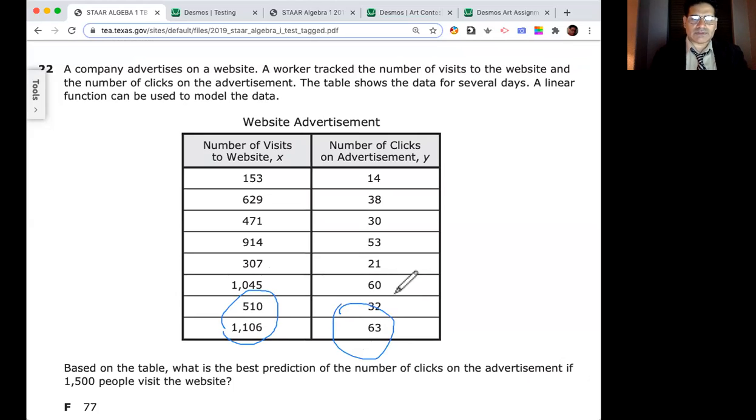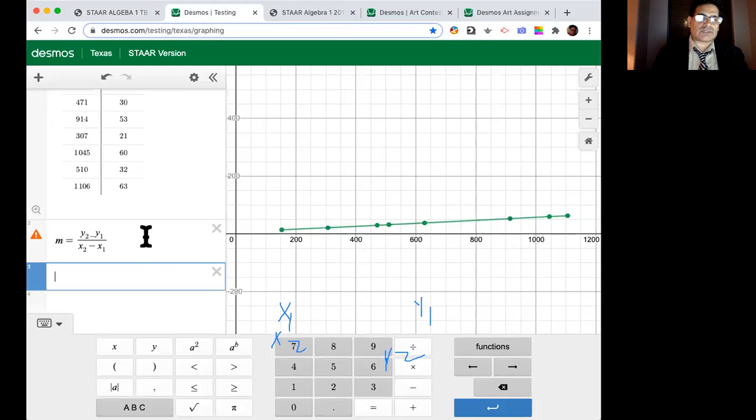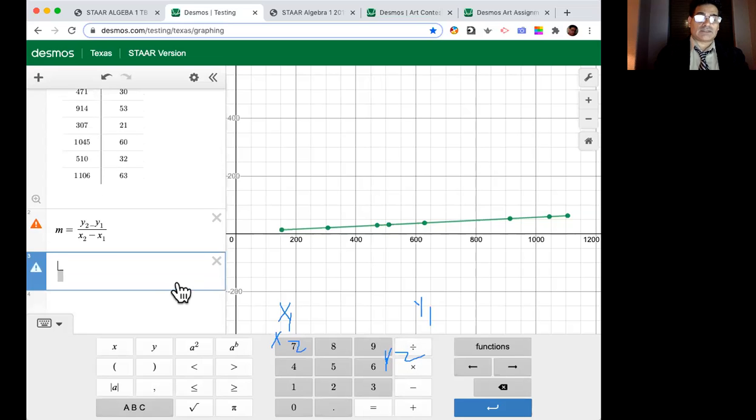Just remember to mark that this is going to be your Y2 over your Y1, and this is going to be your X2 over your X1. Let's go to town on that. Go to our Desmos and set up the fraction. And so we said that it's going to be Y2, 63 minus 32.